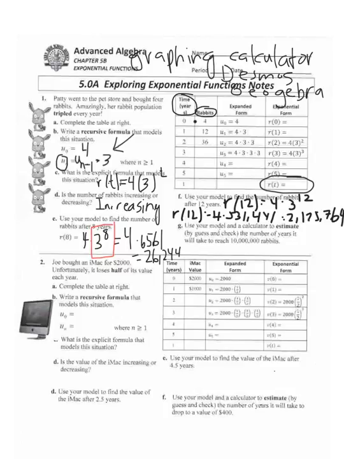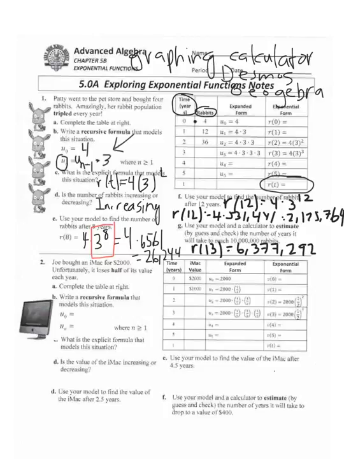So if we do R of 13, we would get 6,377,292 rabbits.